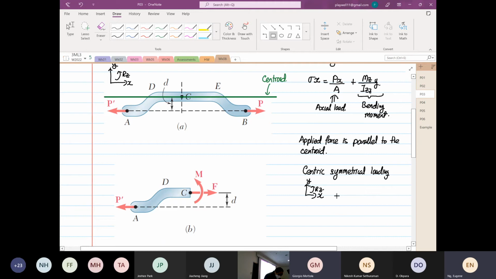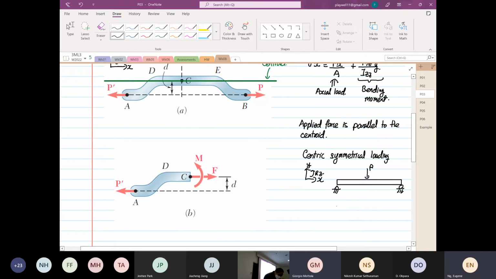So we have a structure. One end is a pin. The other end is on a roller, and we apply a force P over here, right? So when we calculate our moment, we know that this is P over 2.